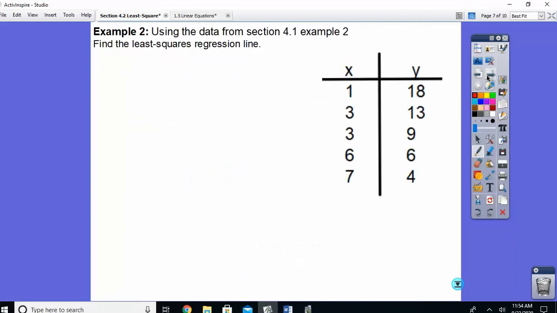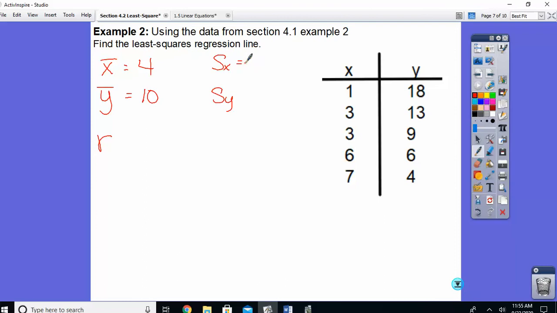Do you guys have the notes written down from yesterday? We did this example yesterday. This is example 2. Can you tell me what we wrote down for all of these things? So when we did this one in our notes yesterday, what was our x bar? Y bar? 10.